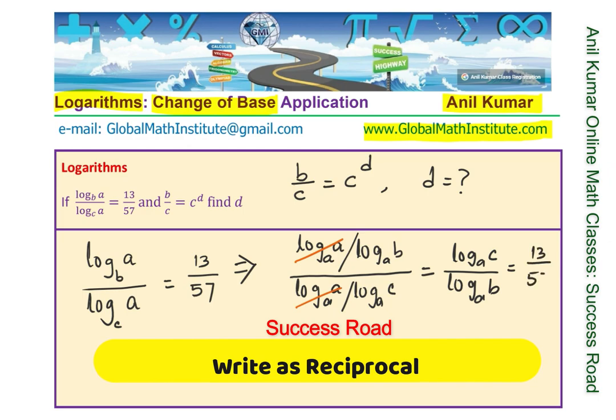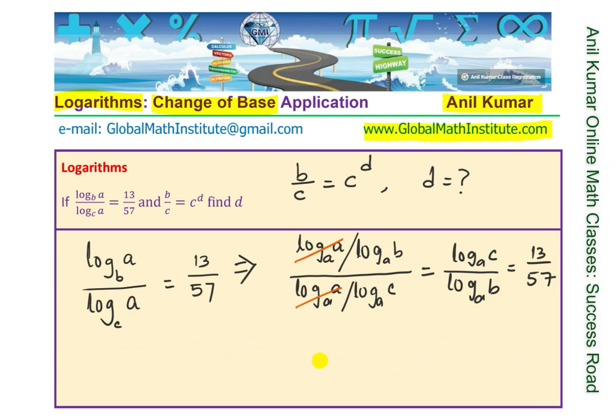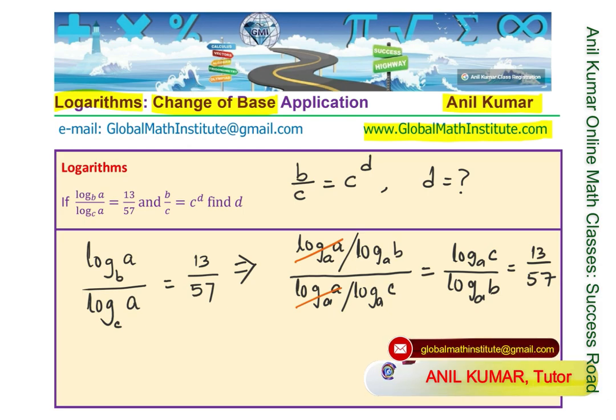Makes sense? Perfect. So we have now an expression to the base a, right? And this also we get as log to the base a of c over log to the base a of b.